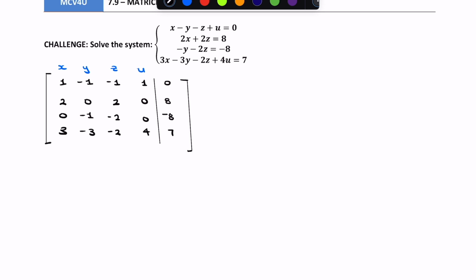Okay, so here we want to simplify, again, first our row 2 and, again, our row 4 in this situation. So here we'll take row 2 and subtract 2 of row 1, to get that value of 2 to 0.